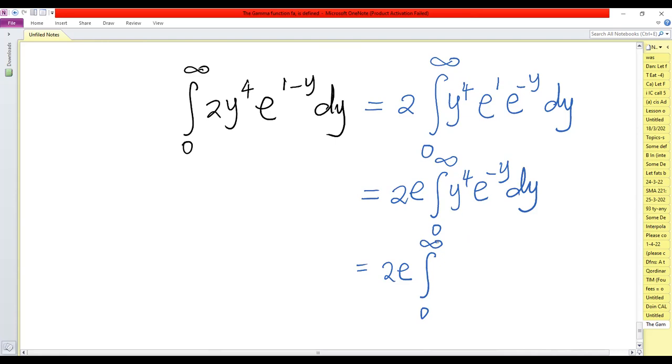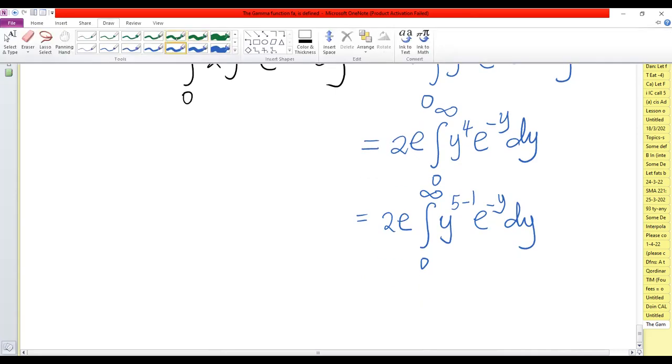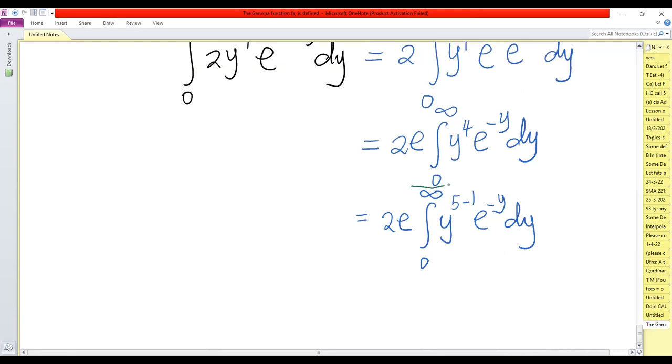This 4 can be written as 5 minus 1. So we write y power 5 minus 1 e raised power negative y dy. And you see, by doing that, this integral is simply giving us the structure of gamma of 5. So this is the same as 2e gamma of 5.